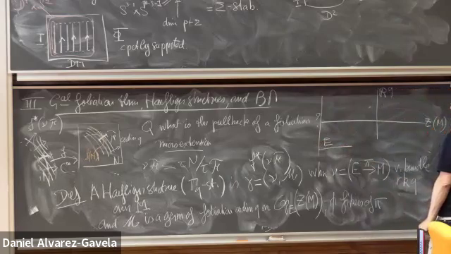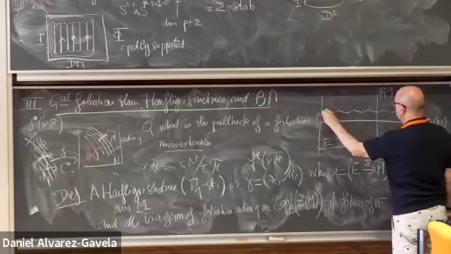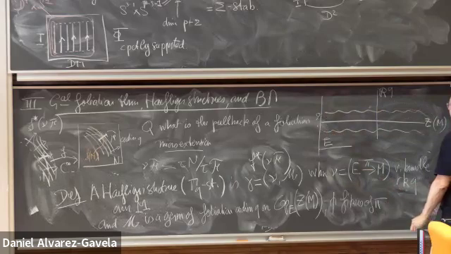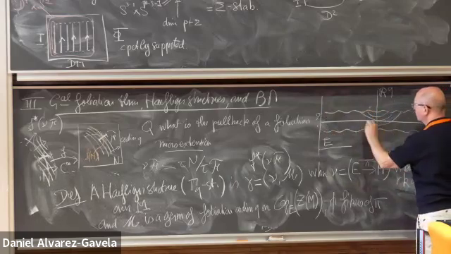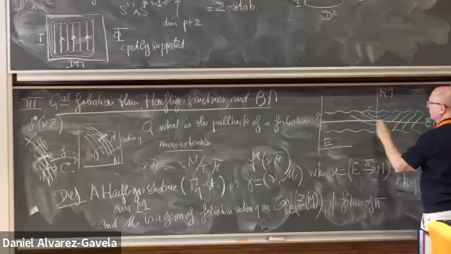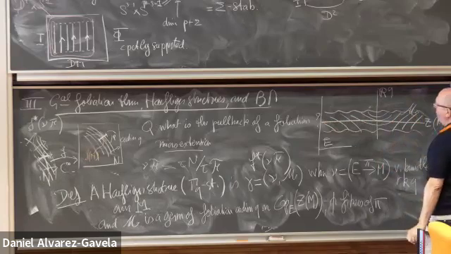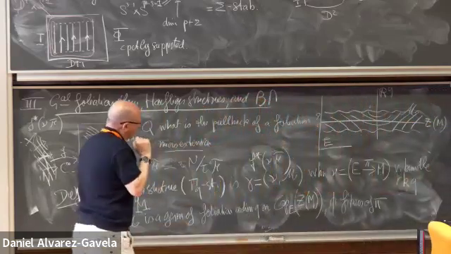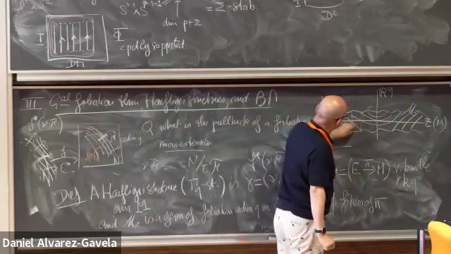This is the total space of the bundle nu, and so on some smaller open neighborhood of the zero section, you have a foliation which is of codimension Q and transverse to all fibers.